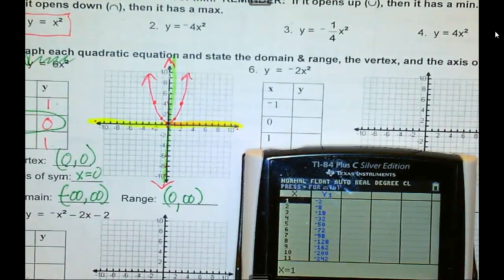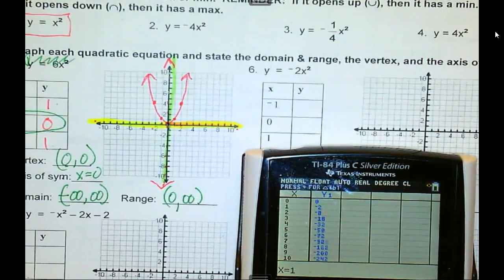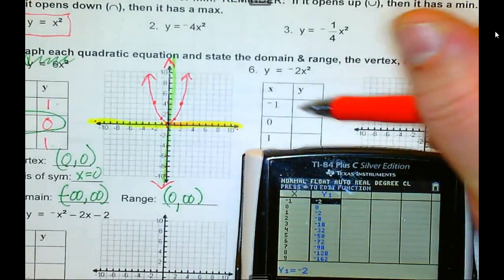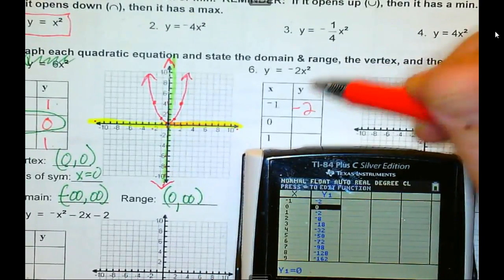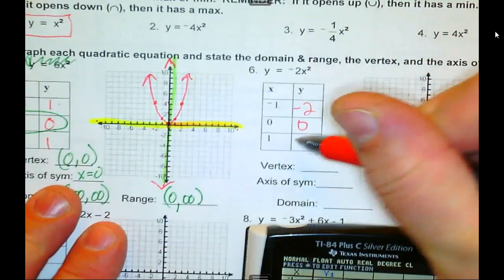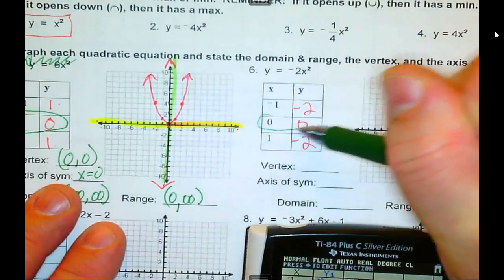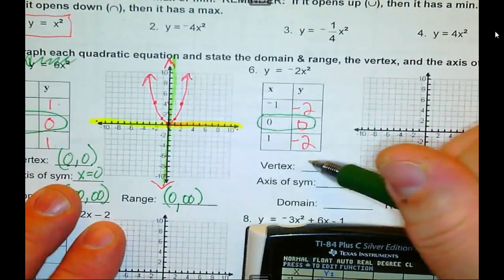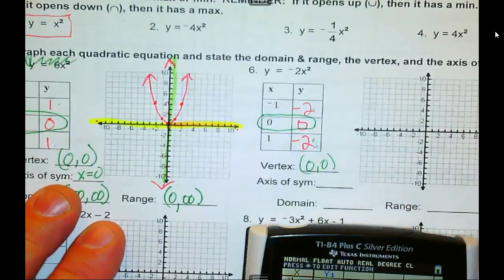They're actually giving us the points to put in here. So look for x at negative 1, negative 2, good. 0, 0, and negative 2 again. So I know that this is my vertex, right? 0, 0, because my y values start being the same.